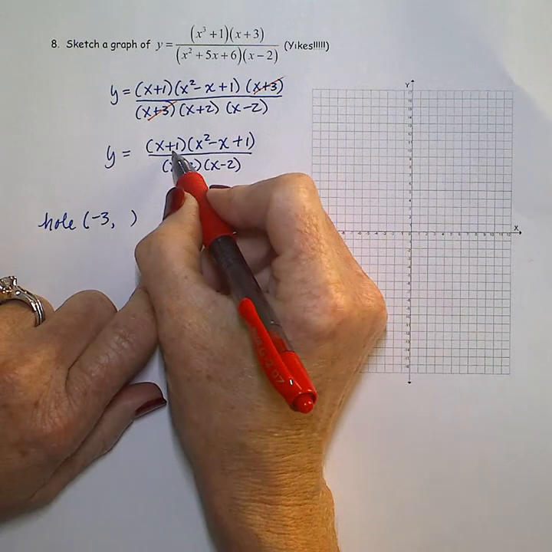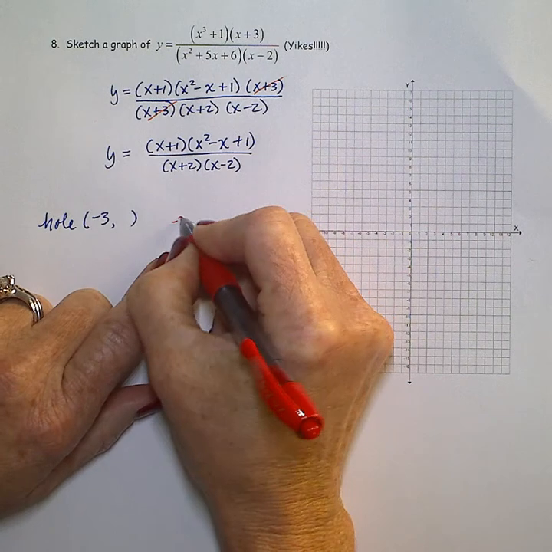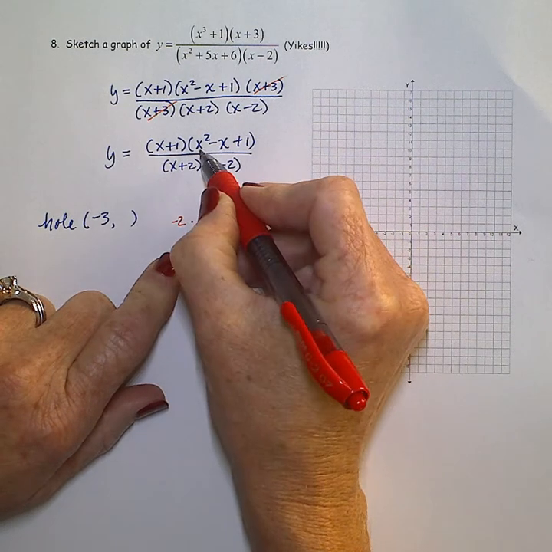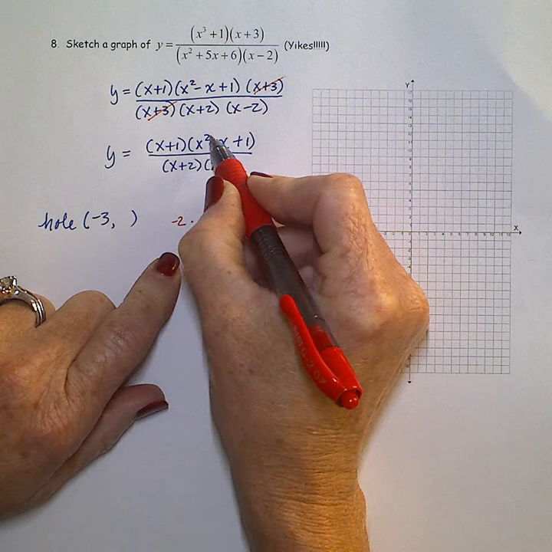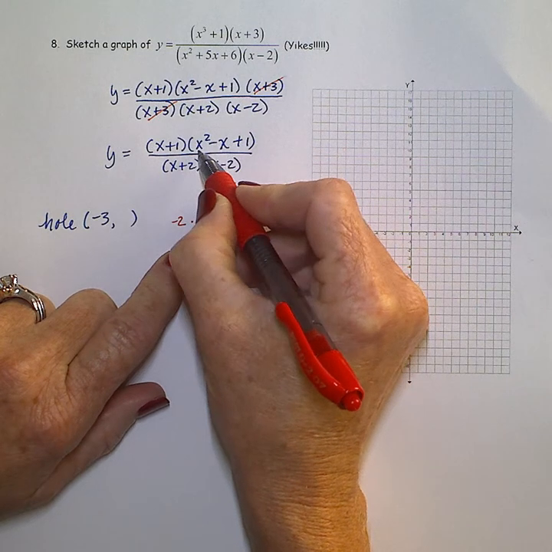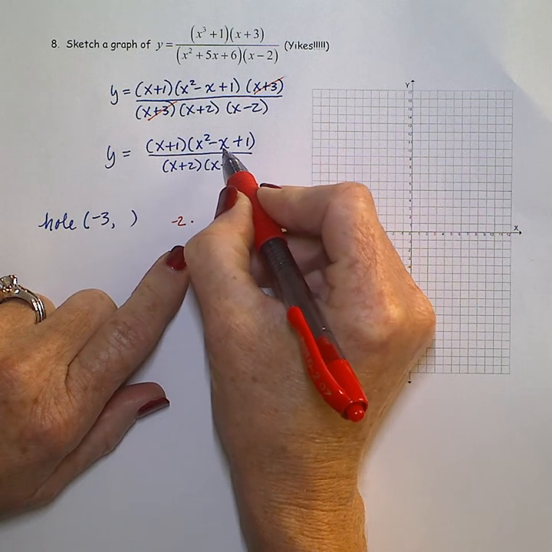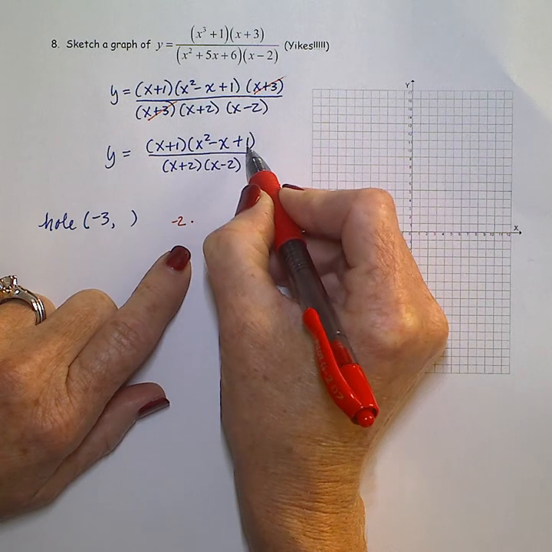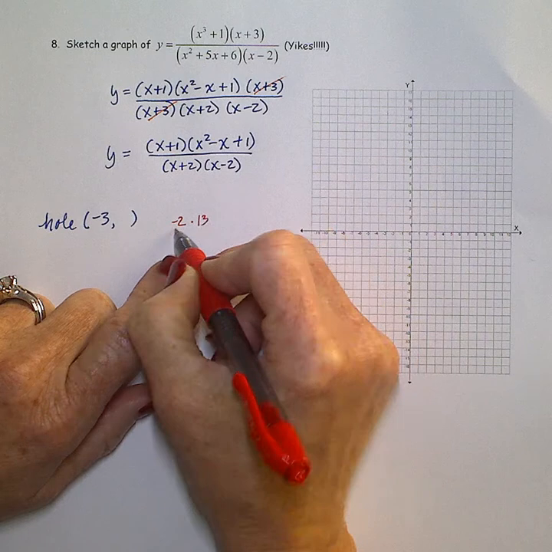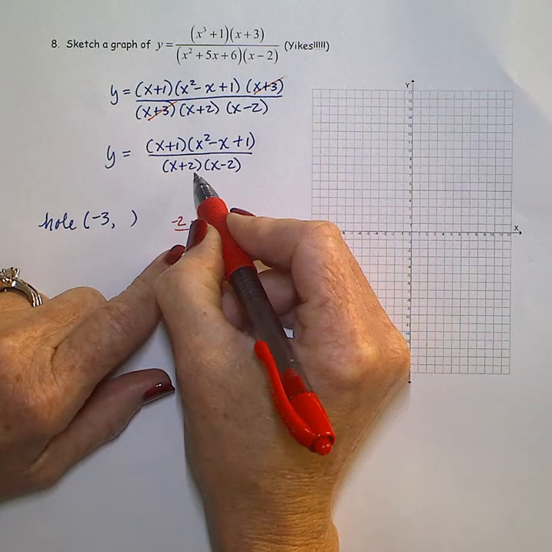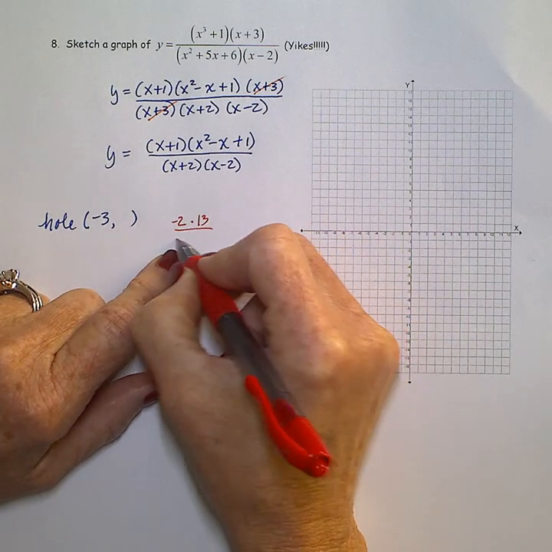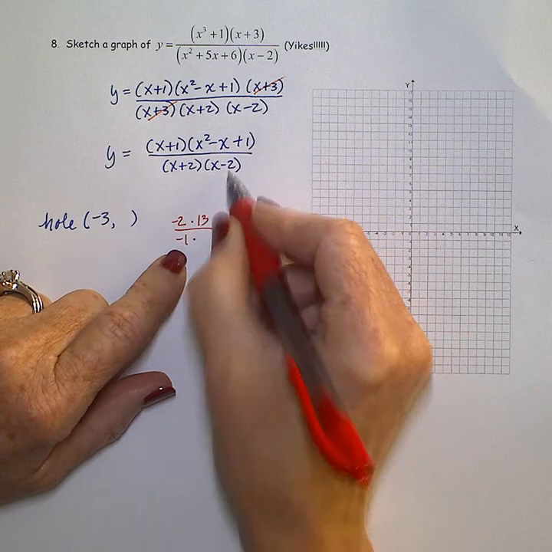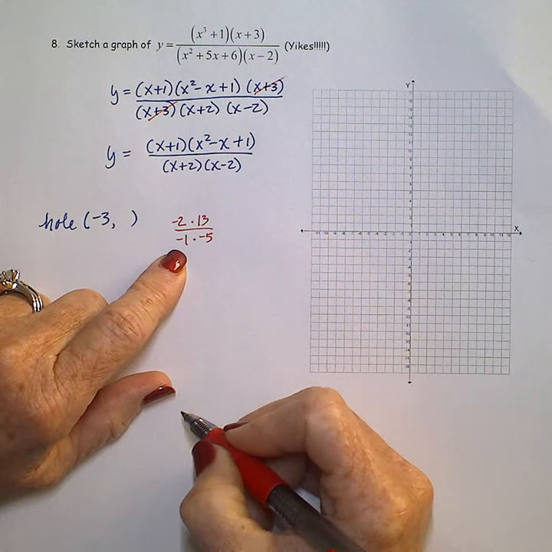-3 plus 1 is -2. And then, let's see, a -3 squared, 9, minus a -3, 12, plus 1, 13, over, and then a -3 down here, that's going to be a -1 times a -5.